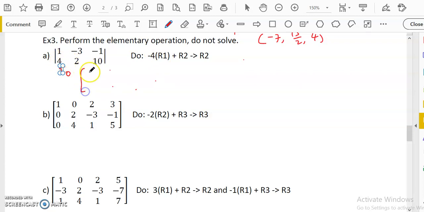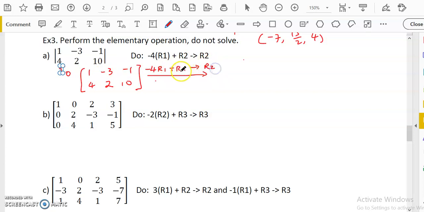So I'm going to start by rewriting my augmented matrix. And then the operation that makes sense is to multiply R1 by -4, and I add R2 and plug it back into R2.